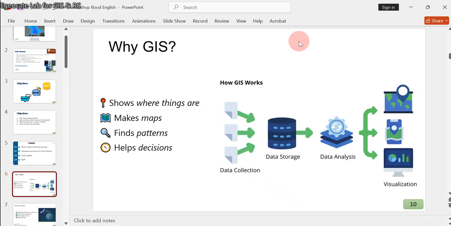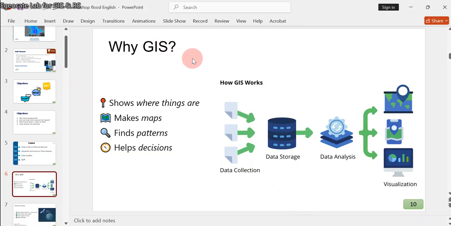So you can find patterns using GIS. You can create maps using GIS, and these analyses and maps will help you in decision making processes. For example, it will help you decide which road is better, which road is shortest, which site is most suitable for specific objectives.